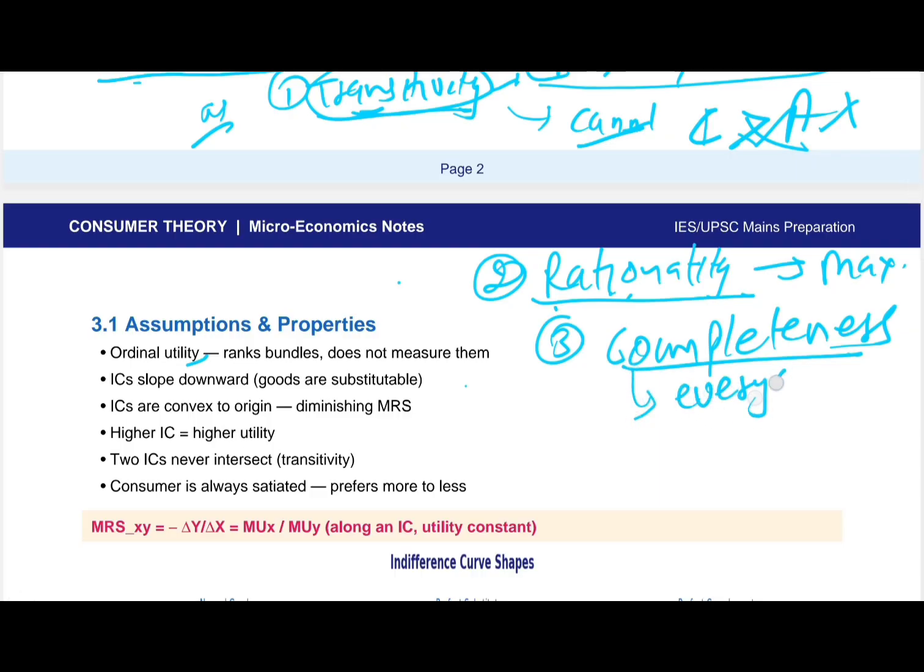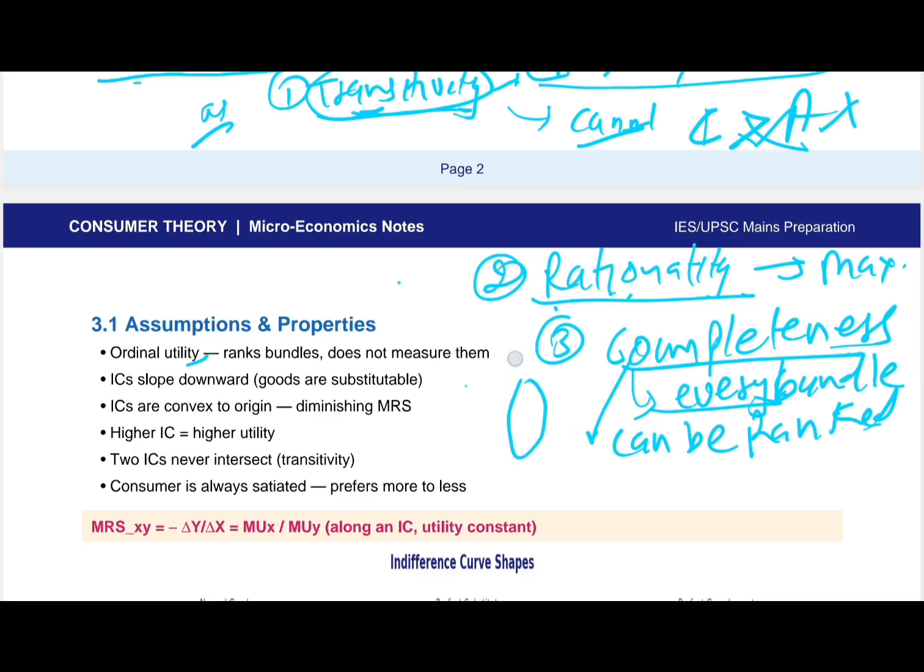Suppose one basket has A, B, C, D, E commodities. All of these can be ranked accordingly. Someone prefers A, B, C, D in sequence, someone prefers D over C, but all of them should be ranked.